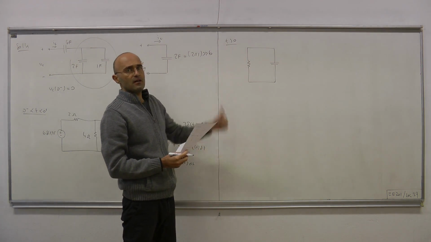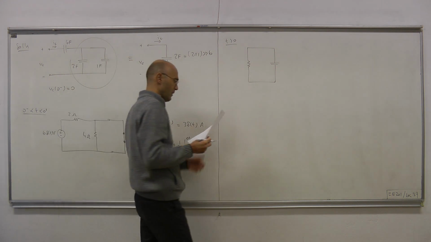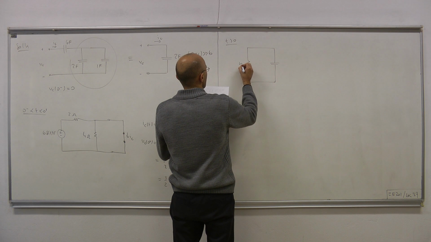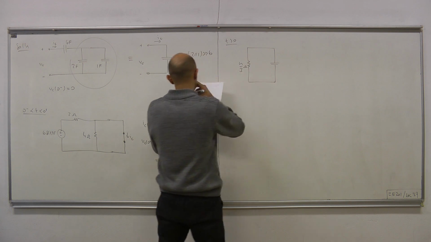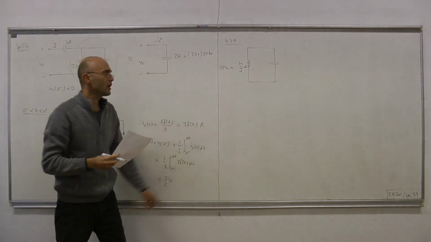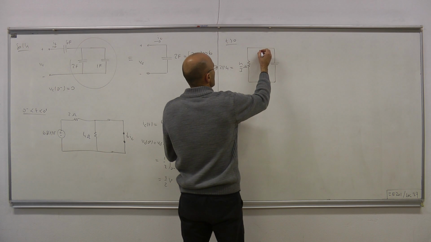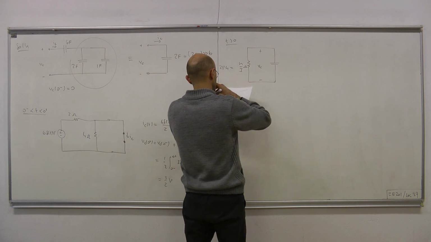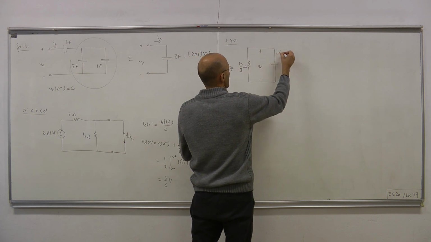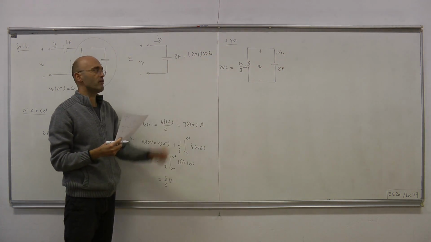Now, once that voltage source is short circuited, the 2 resistors become in parallel, and we have 4 over 3 ohms here, which is 2 ohms parallel with 4 ohms. Here, this is the voltage VC, and this is our current IC. And equivalent capacitance, we compute it to equal 2 farads.